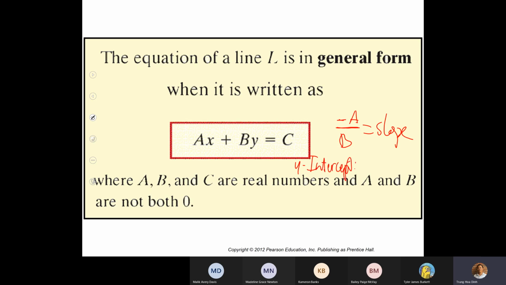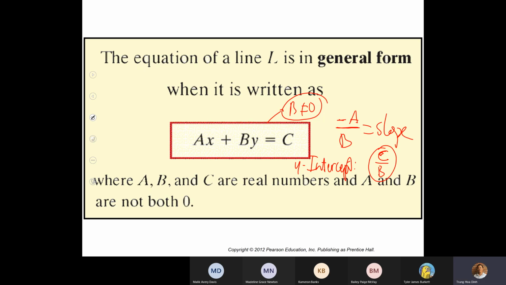The y-intercept in this case will be c over b, in case b is not zero. So the slope is negative a over b, and the y-intercept is c over b.